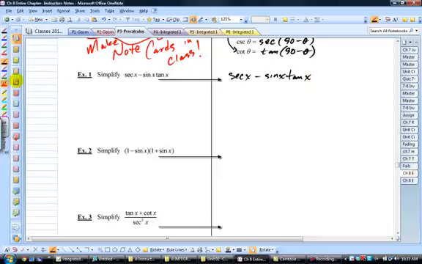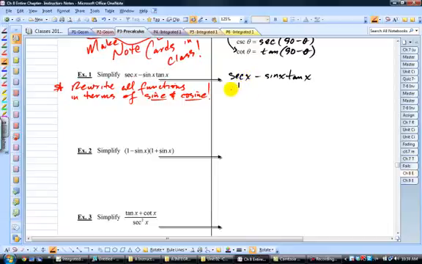This is technique number one: rewrite all functions in terms of sine and cosine. So let's do that off on the right and see what happens. We know that secant x is the same thing as 1 over cosine x.